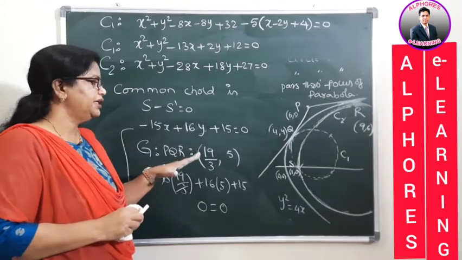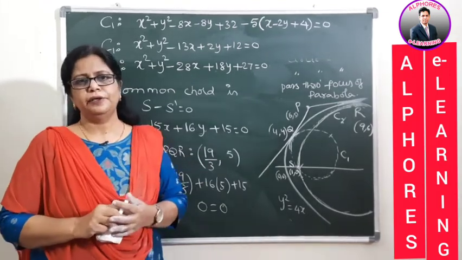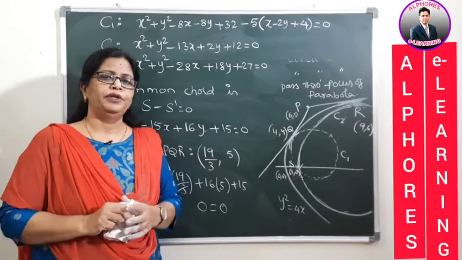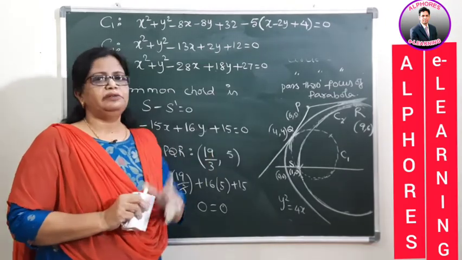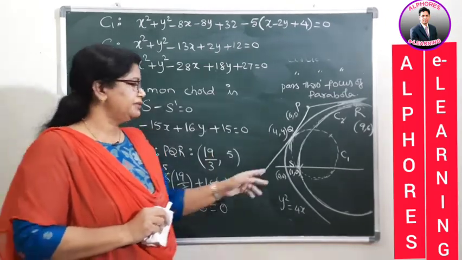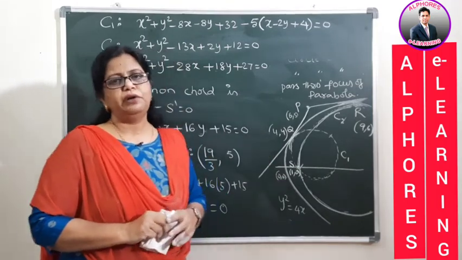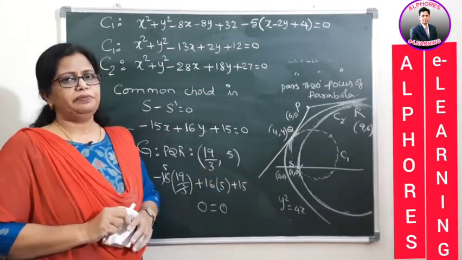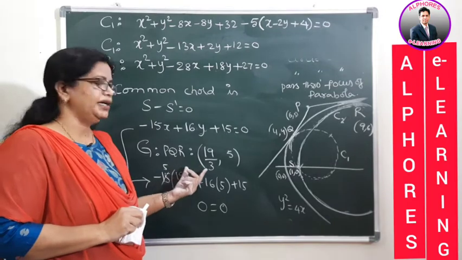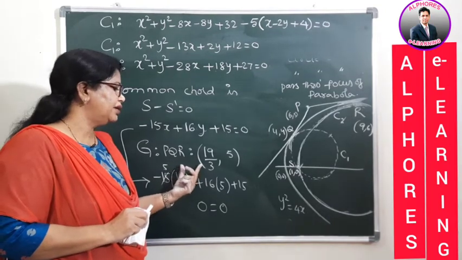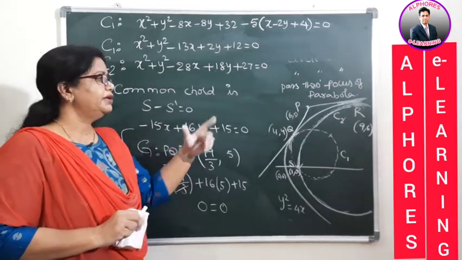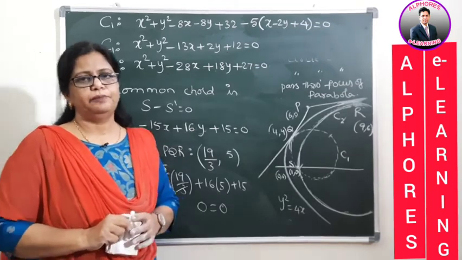So like this they link these two concepts, right. So what we have done here? Area of triangle PQR we have done, and equations of circles C1 and C2 we found, and after that common chord we found, and next we obtained simply the common chord is passing through the centroid of the triangle PQR.